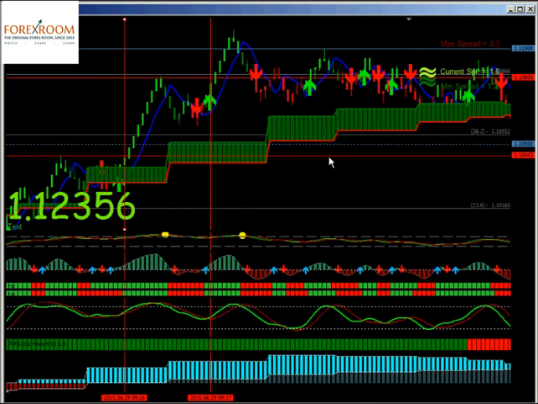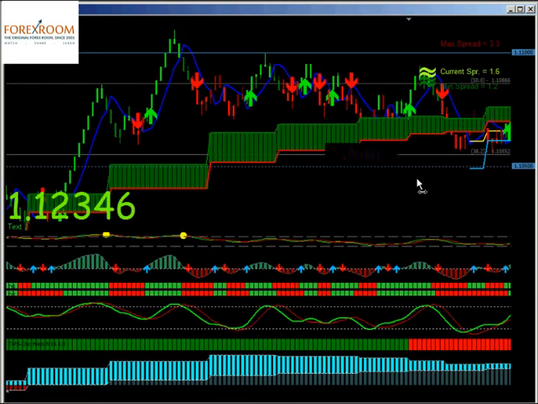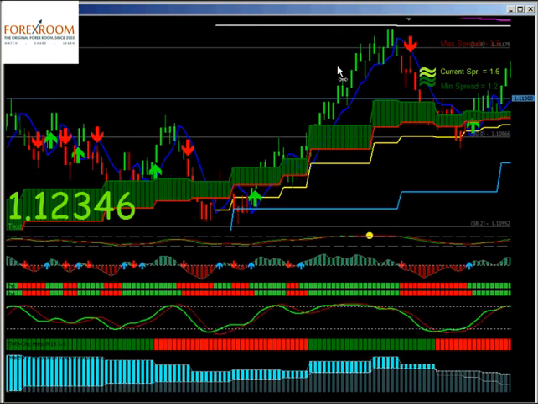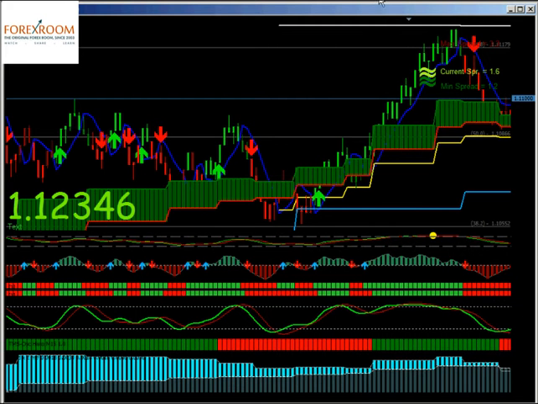He gets another entry right there, and he can make another 20 pips. This is a great strategy, not available anywhere else in the market. It's a very secret tool for him to trade against the forex markets.